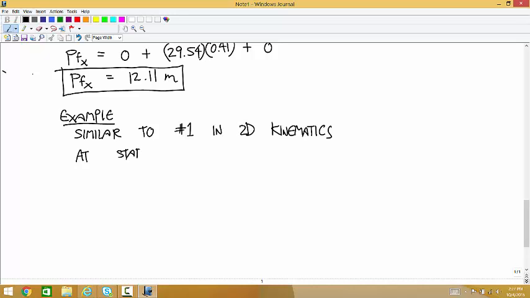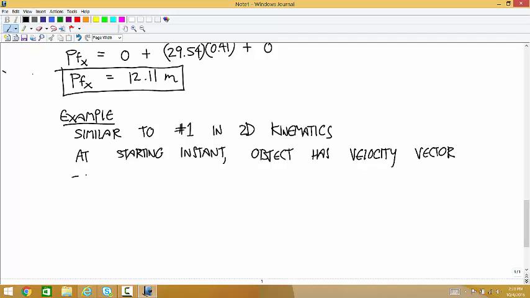So let's say at the starting instant, an object has a velocity vector of negative 15, positive 10 meters per second.